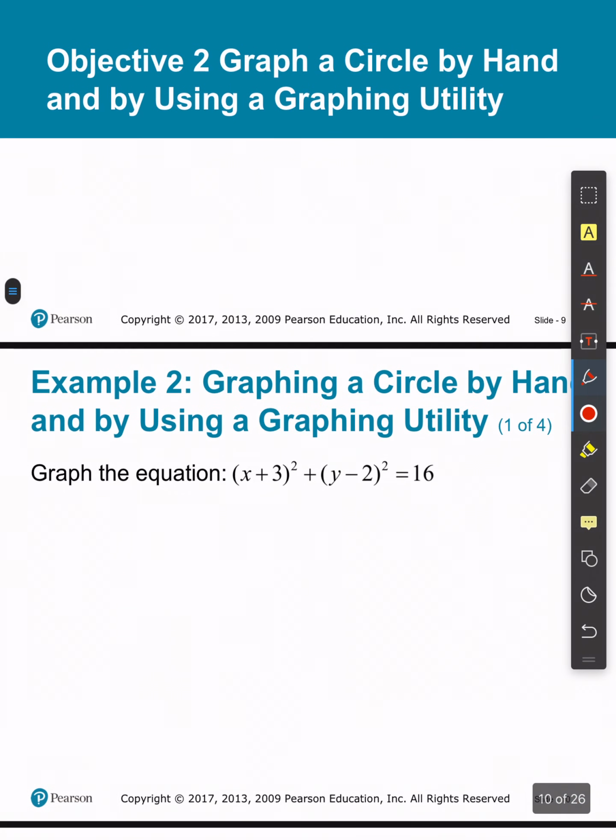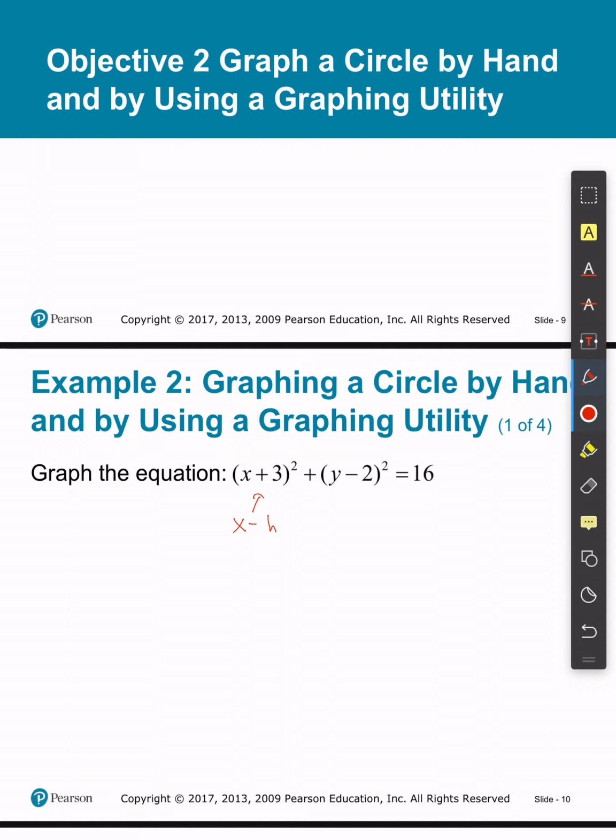So let's look at another objective. It says to graph a circle by hand and by using a graphing utility. For this one, what I want you to notice is that since it's technically x minus h, and this turned to a positive, I know that h had to be a negative.